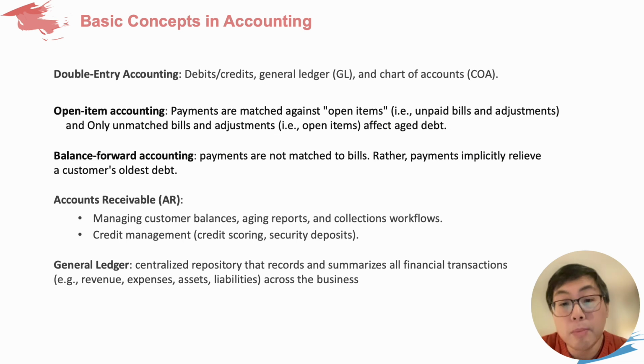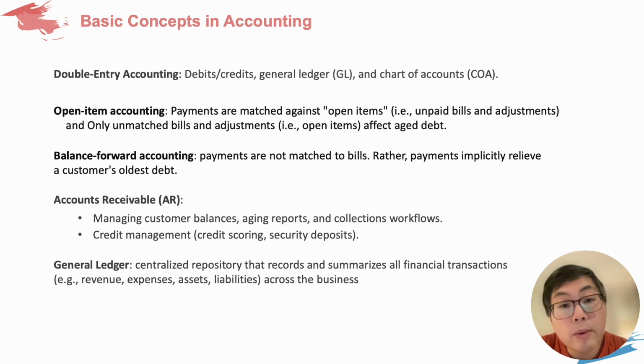Open item could be a bill, could be an adjustment, could be anything, but it needs to be mapped between the items. So in that case, for example, if you get a bill for £100 and you pay £100, it's an exact match. And this is a classic open item accounting.